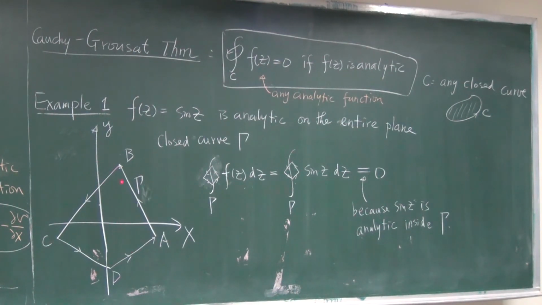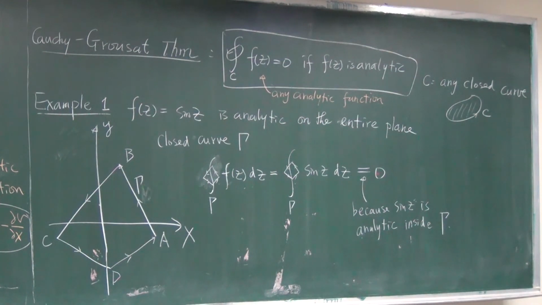Okay, we choose this closed curve and apply the integral to the function f(z) equals sin z. Do we need to calculate this integral along the curve bit by bit? I tell you, we don't need to, because sin z is analytic, so according to the Cauchy-Goursat theorem, the integral must be equal to 0.